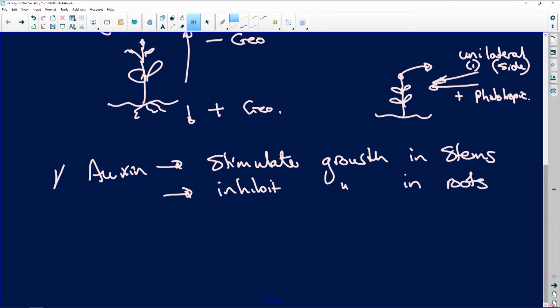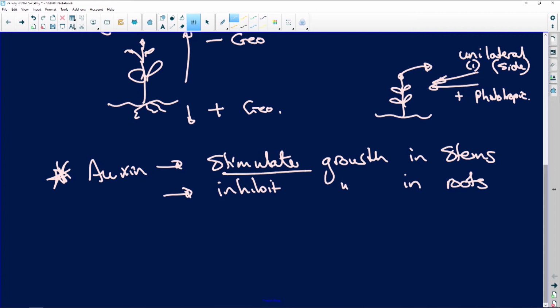You must remember this, because when you have to explain how the plant moves towards a unilateral light stimulus, the auxins are going to move away from light because they're destroyed by light, and they'll move to the darker side, and they cause cell elongation, and that's why the plant grows to the side. Whereas in roots, they move towards gravity, and they inhibit growth here.